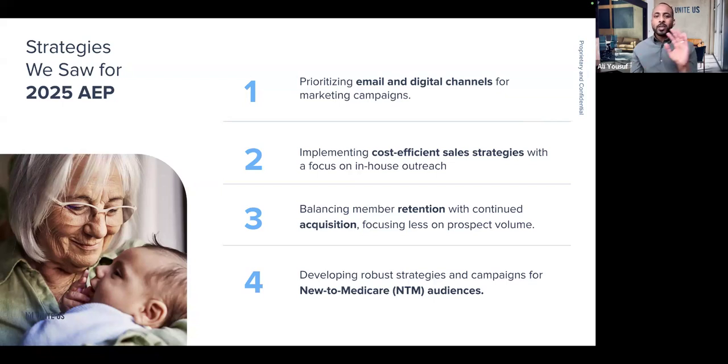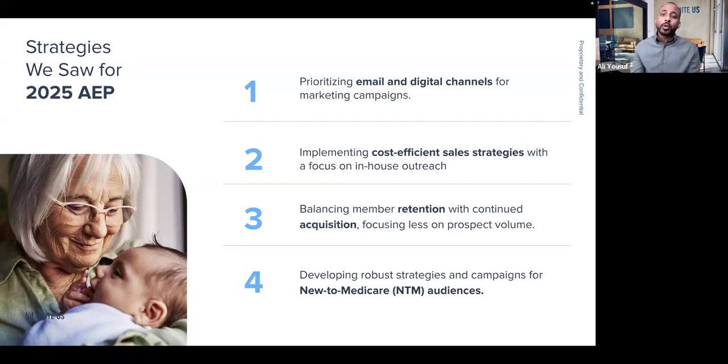With some of the slides that we shared earlier around Medicare Advantage enrollment slowing down over the previous couple of years, it's really important to increase your retention campaigns, making sure that members are staying. It's important to note that it does cost less to retain your members versus acquiring new members. So it definitely will be a focus going into the future here.